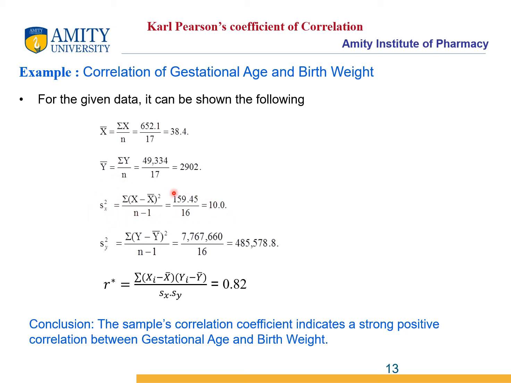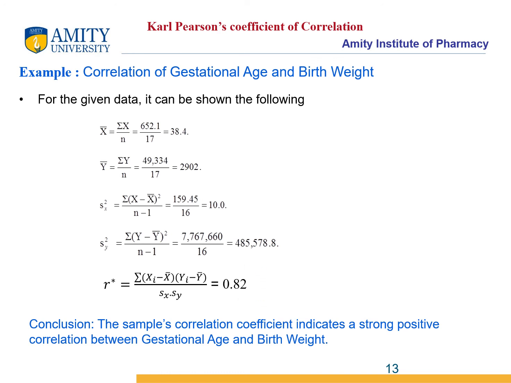We are going to put these values in this formula, and finally, by applying all these values in the final formula, that is r equals sigma (xi minus x bar, which is the mean value of the x variable)(yi minus y bar) upon sx into sy. Sx into sy is nothing but the standard deviation. We have calculated all these values individually, and now we are going to place them in the final formula. By placing the values, we got the final correlation coefficient of 0.82.